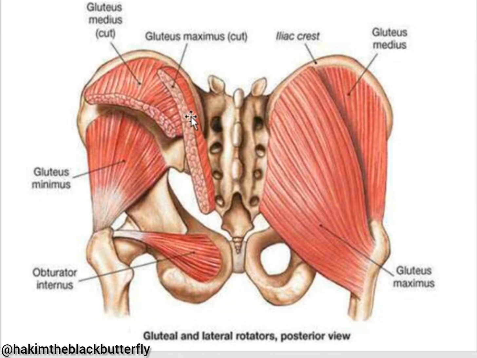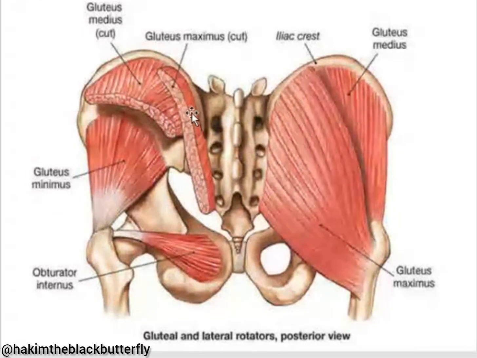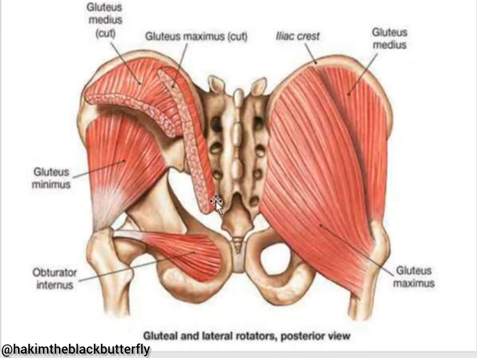So, Gluteus Maximus originates posterior to the posterior gluteal line of the ilium and the sacrum. That is where it originates from.